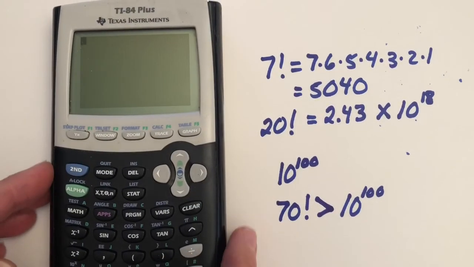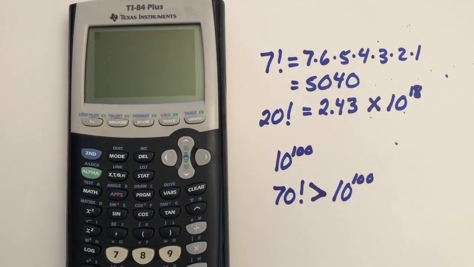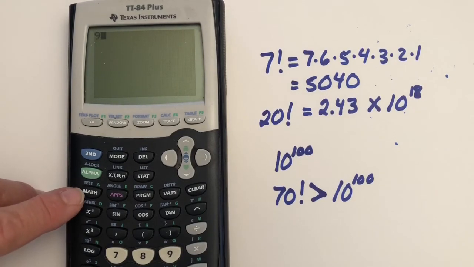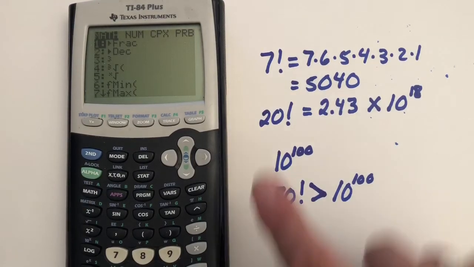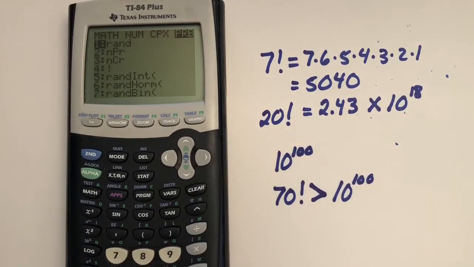This is a graphing calculator here. But I just want to show you the factorial here. If I wanted to do 9 factorial, for example, here's my 9. On this particular calculator, the factorial is underneath the math menu, so you would push on the math, and then it's over here in probability again, and notice number 4 is the factorial button.